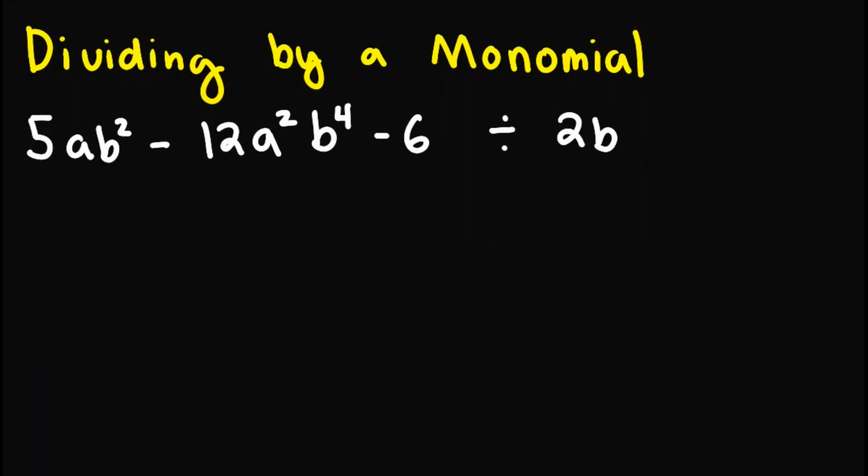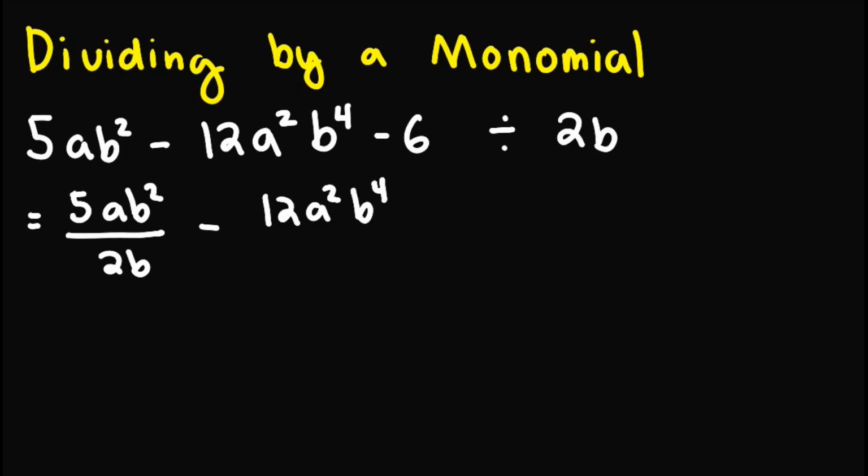Again, what we do is we divide each term by 2b. So we can write this as 5ab squared all over 2b minus 12a squared b raised to 4 all over 2b minus 6 over 2b.